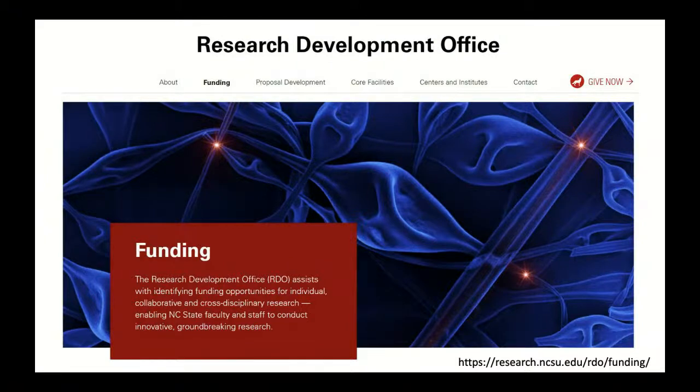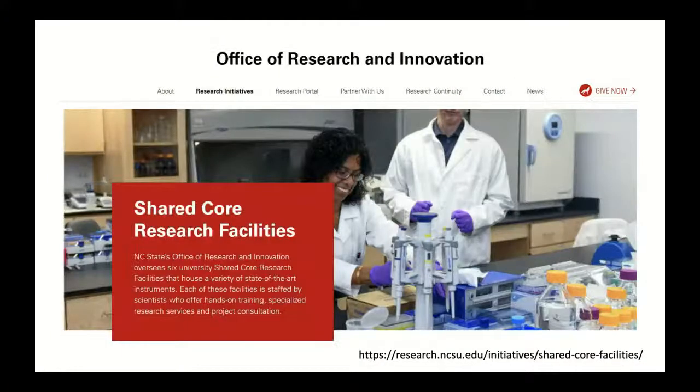And if you go to the next slide, that'll take you to the Core Facilities website, where 6 university-level shared core research facilities are discussed in detail. There are also links to each one of them, which go into depth when it comes to the kinds of instrumentation and services that they can provide. So that's how you find out probably the richest repository of information about each one of them.